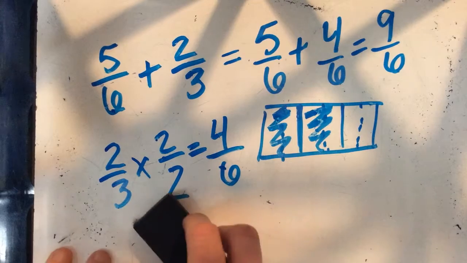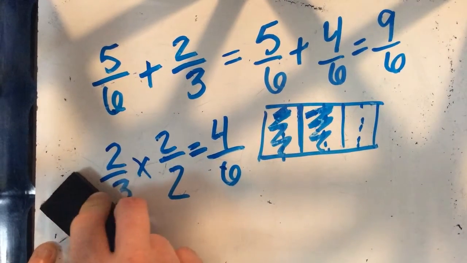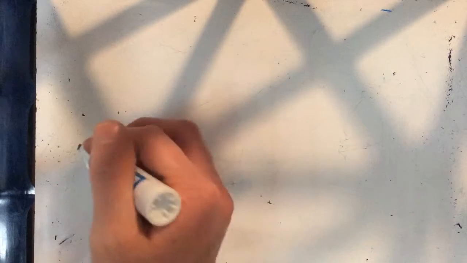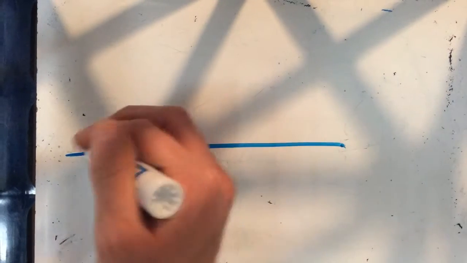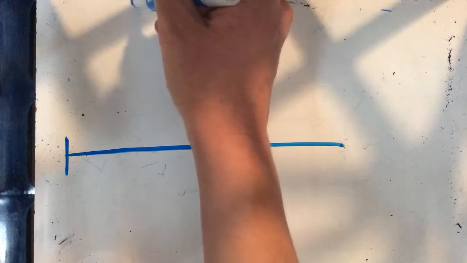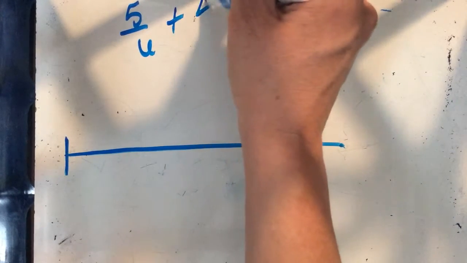Let's go ahead and show that on a number line for the sake of using as many strategies as possible. Okay, so we already did the work of finding the equivalent fraction using the least common multiple, and we saw that our answer was going to be greater than 1.